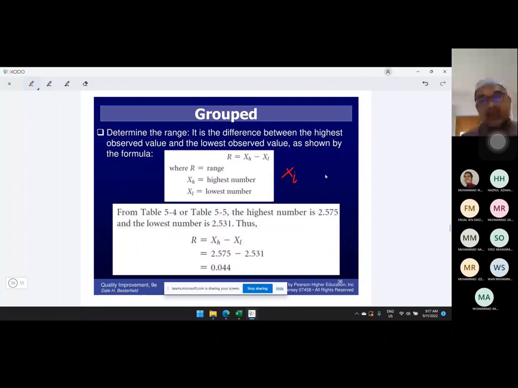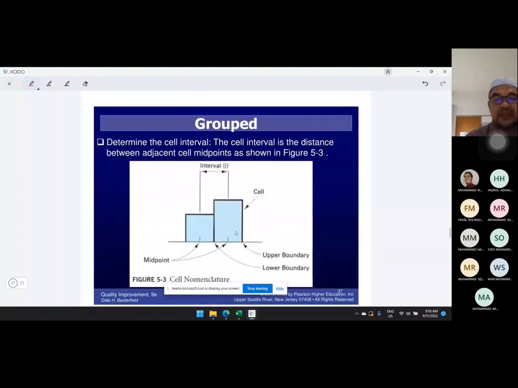I always try to repeat and repeat so that we understand. So here we have range equals the measurement, the highest one minus the lowest one, just to recap and reinforce. So we find the numbers that your quality inspector collected, and then we see the highest one and the lowest one, and then we get the range.